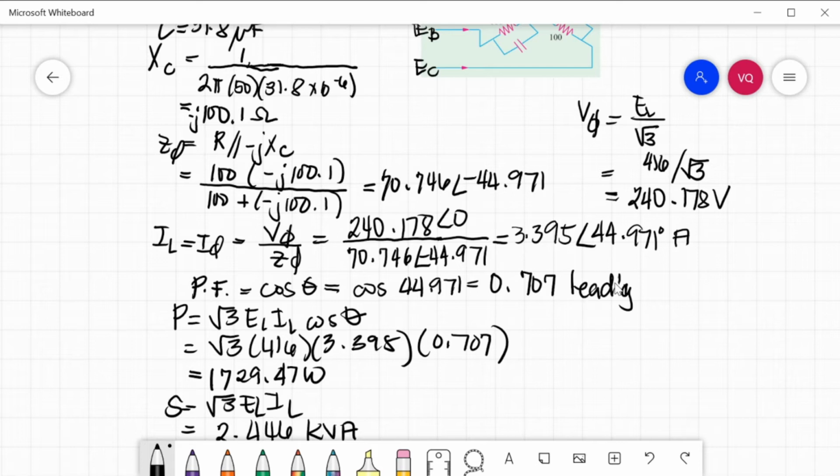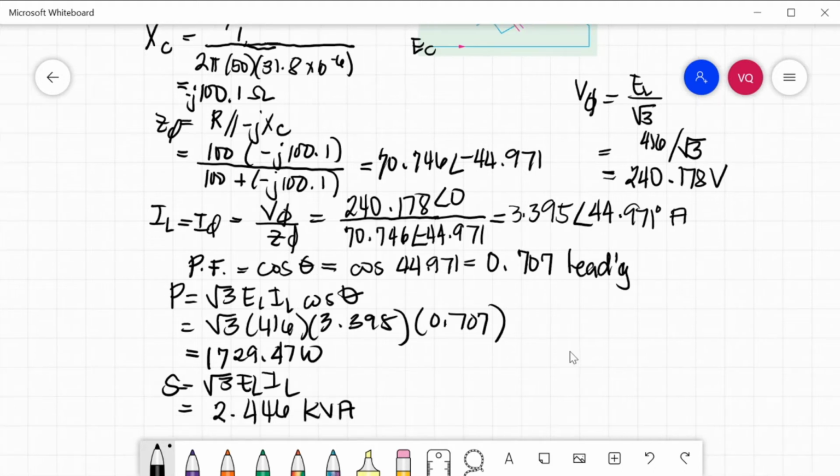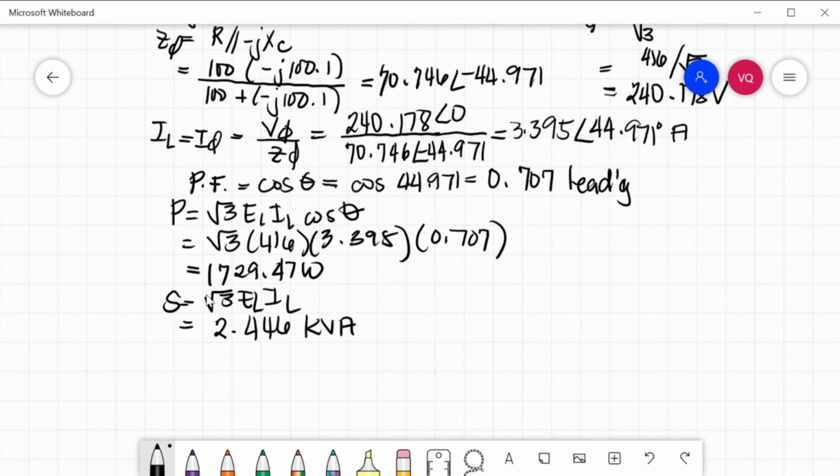The power is square root of 3 ELIL cosine theta, that is 1,729.47 watts, the total power of the system. And the apparent power is square root of 3 ELIL, that is 2.446 kVA.